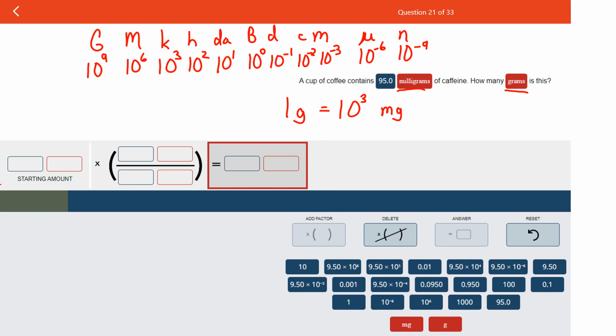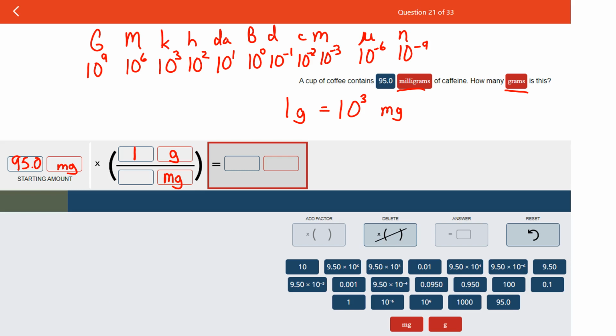So my first starting point is I'm bringing my given down, 95.0 milligrams. The first thing I need to see is what unit am I trying to get rid of? Milligrams. So I want to divide by milligrams, so I want to cancel my milligrams. And I'm going to grams, and I remember I set that to 1. Now, I said it's 10 to the third.